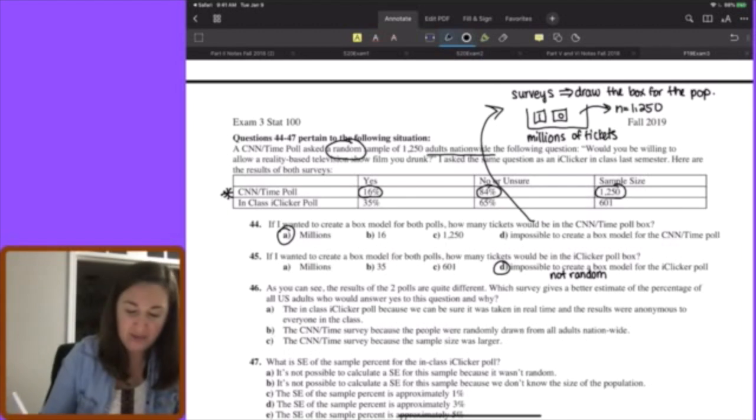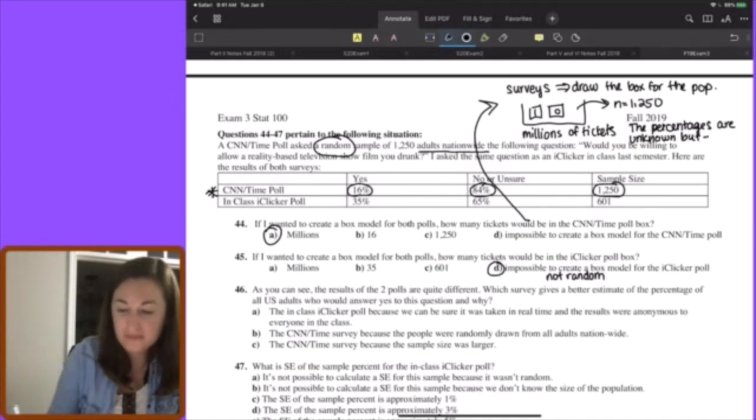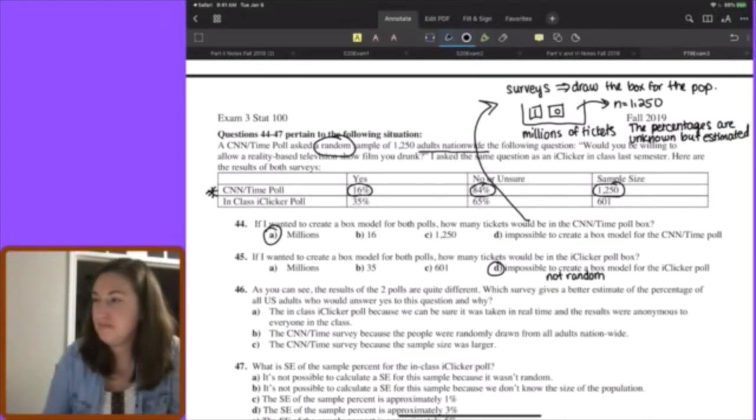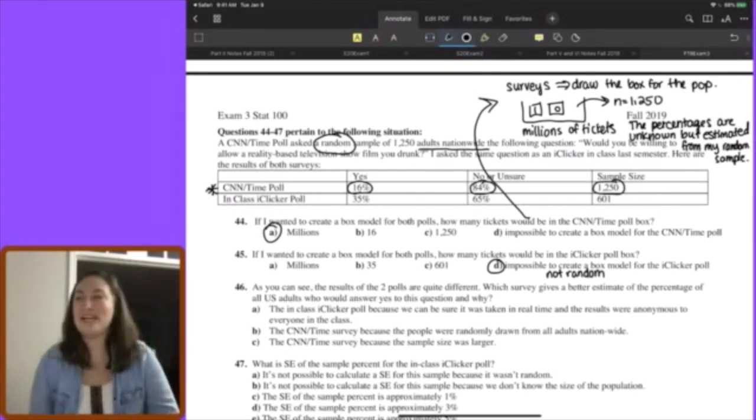So I would say, if I was describing this box, I would say the percentages are unknown, but estimated from my random sample. All right. So if it has to describe the box, that's what we would say.